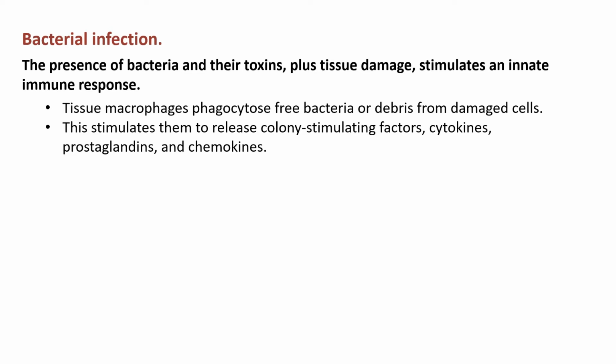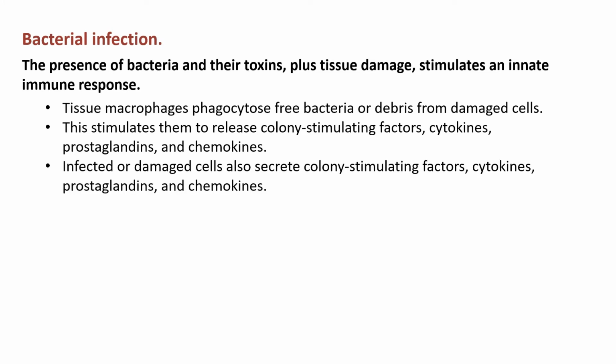So we're talking about a lot of chemicals being released here, when a macrophage, or a dendritic cell for that matter, phagocytoses. In addition to this, any infected or damaged cells will also secrete colony-stimulating factors, cytokines, prostaglandins, and chemokines. So we're building up a bit of a soup of inflammatory mediators.